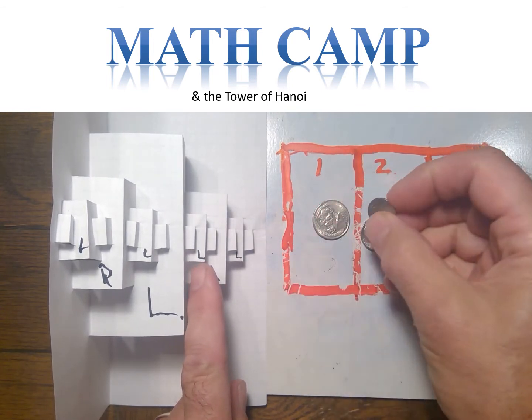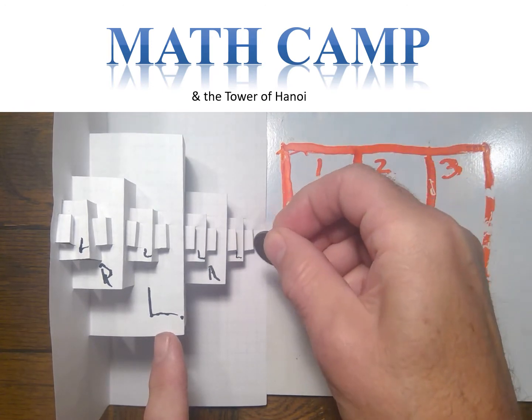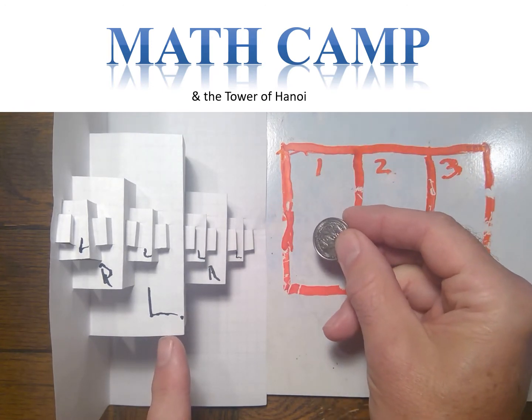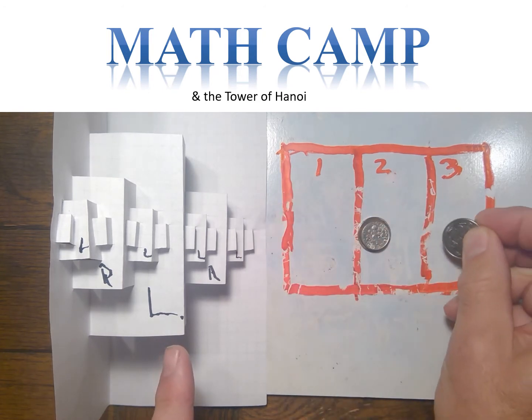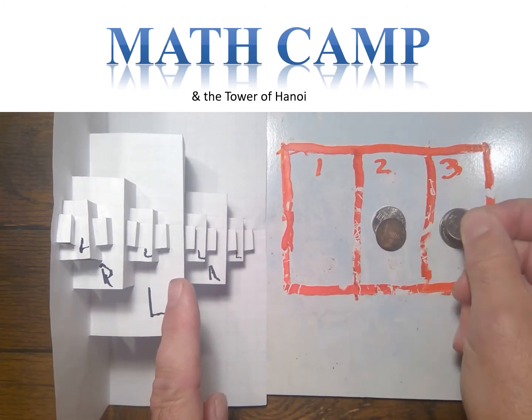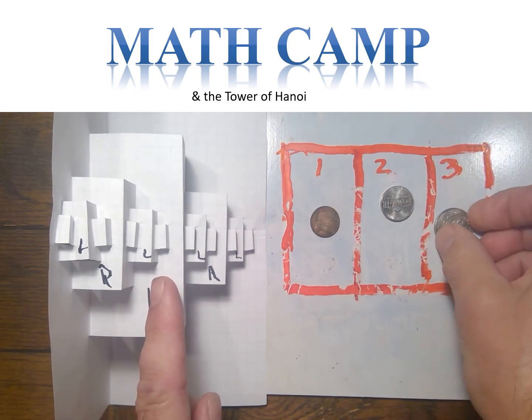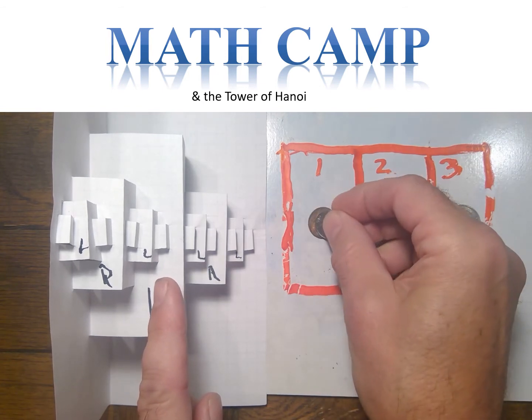Right with the dime. The big L, that's the quarter, and it's going to go left, but it wraps around. Then the dime goes to the right, the penny to the left, the dime to the right. I'm going to wrap around.